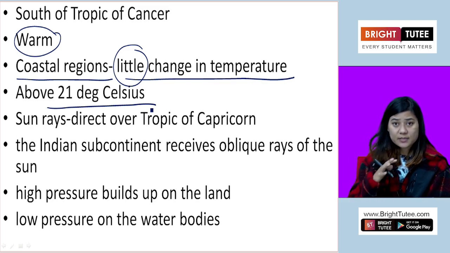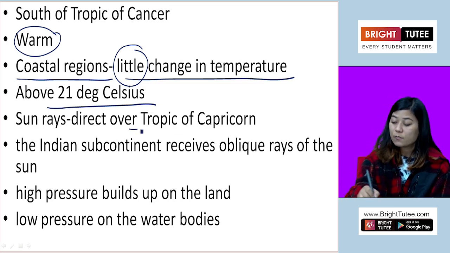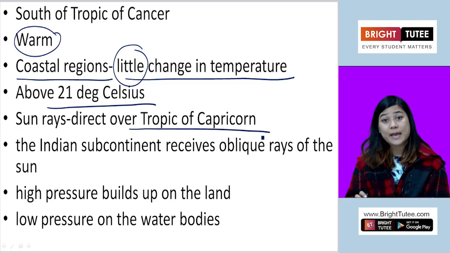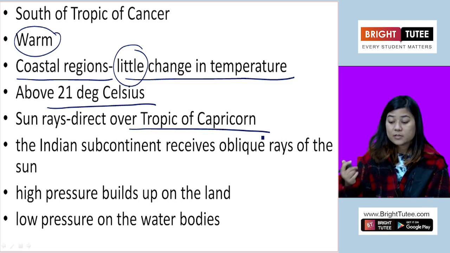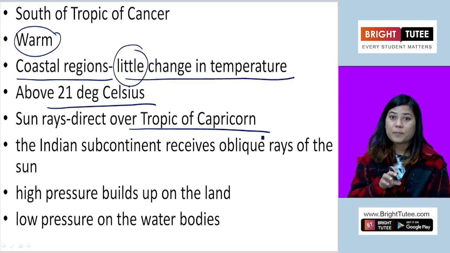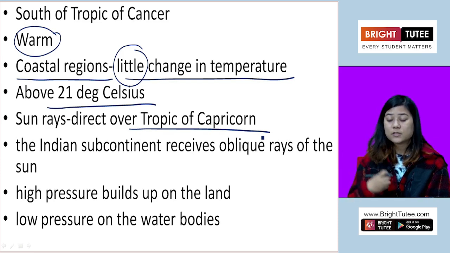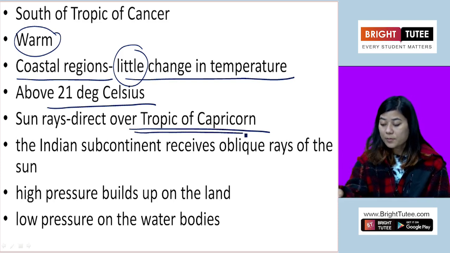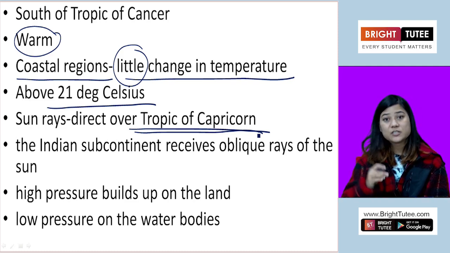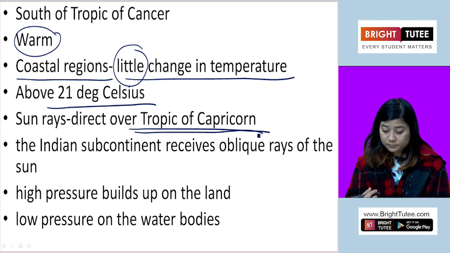And during the winter season, the sun rays fall directly over the Tropic of Capricorn. So in the summer, the sun rays directly fell on the Tropic of Cancer, and in the winter, the sun rays fall directly on the Tropic of Capricorn, which lies towards the south of the equator.